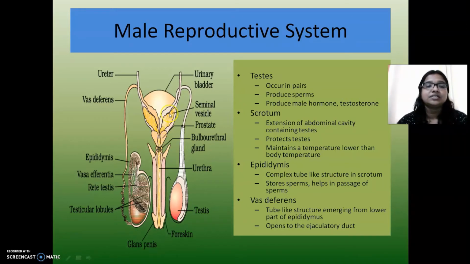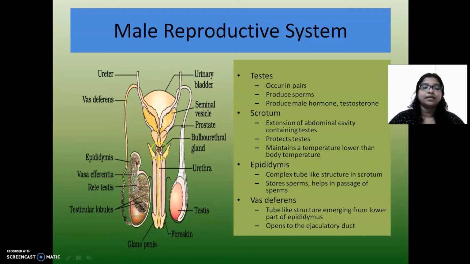The secretions from the seminal vesicles and prostate gland, when mixed with the sperm, are called semen. That helps in the easy movement of the sperms and also gives proper nourishment. Later it is ejected out from the penis.